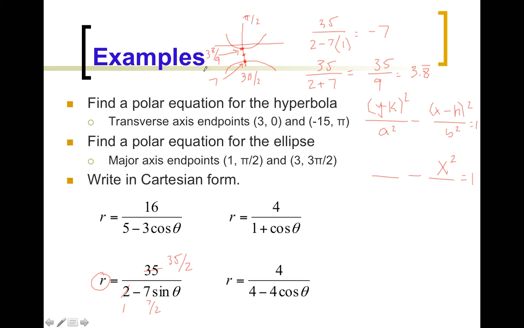And then for k, k is halfway between those two vertices. Oh, that means we got some ugly stuff to be doing here, huh? Well, in this case, 7, in case you were wondering, is the same thing as 63 over 9. And I want to find what's halfway between 63/9 and 35/9. How am I going to do that?